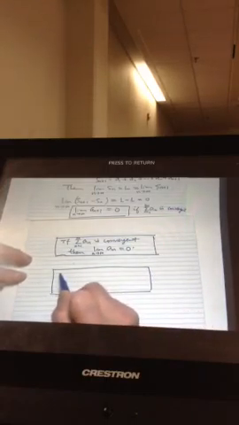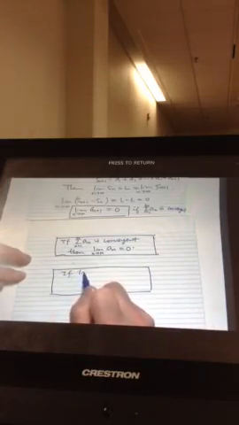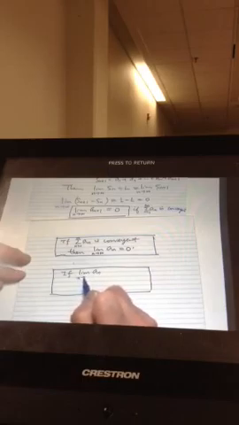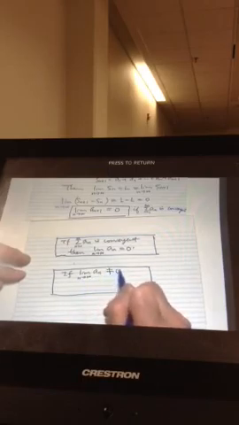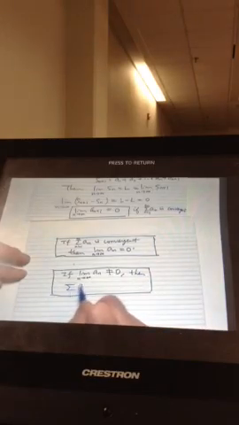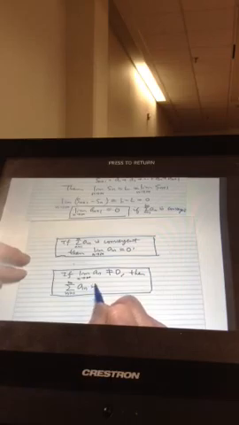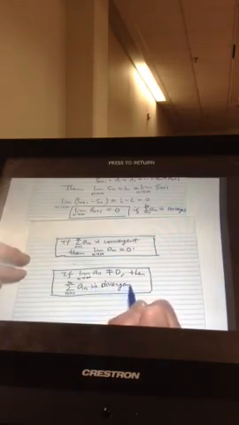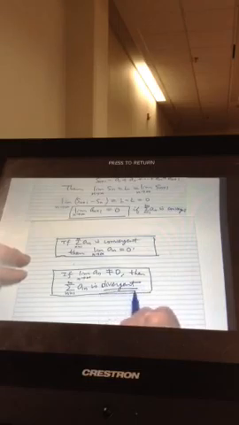Conversely, and this is important here, if the limit of a sub n as n goes to infinity is not 0, then this series is not convergent. That means it is divergent.